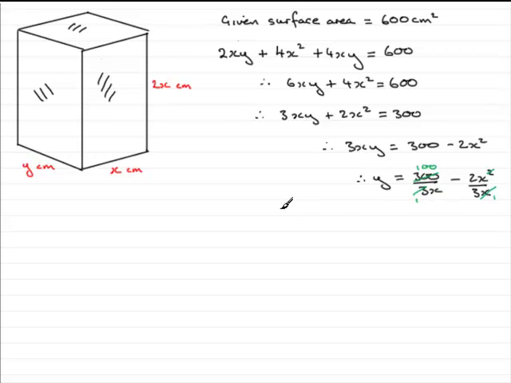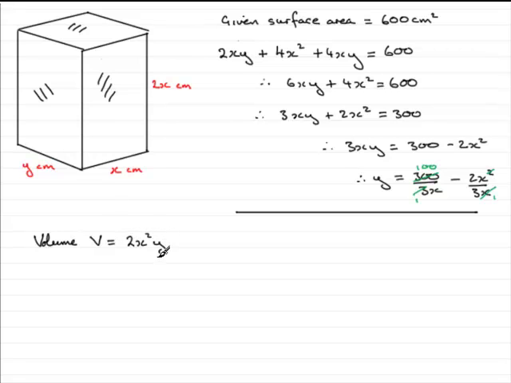Now, how do we find the volume? Let's just separate that. The volume V is equal to, well, being a cuboid, it's just the length times the width times the height. So that's going to be 2x times x is 2x squared, times y, 2x squared y.